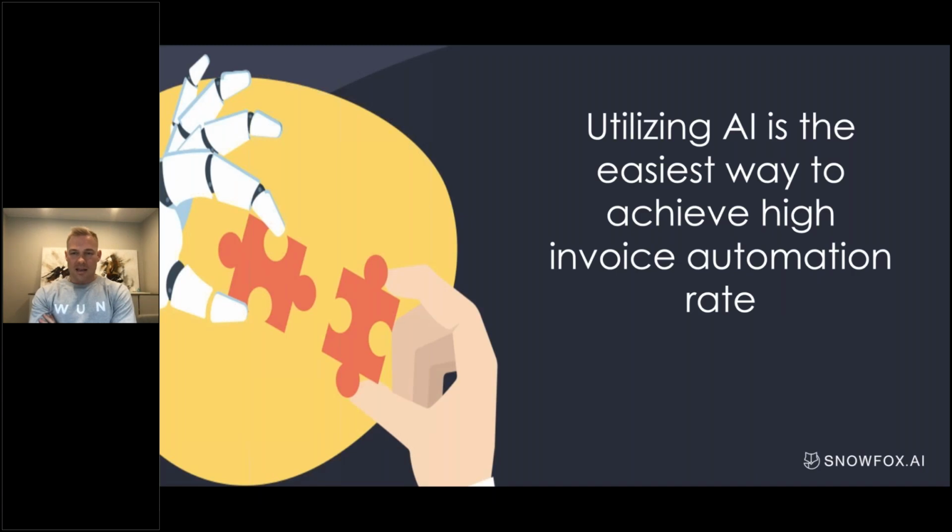But AI, maybe that's why you are here today, you want to hear about AI. The world of AI is really intriguing and very exciting. And it is absolutely the easiest way to achieve a high invoice automation rate, just by implementing AI as part of your purchase-to-pay process. I'm going to try to explain how AI works and why it is such an interesting technology in invoice automation.